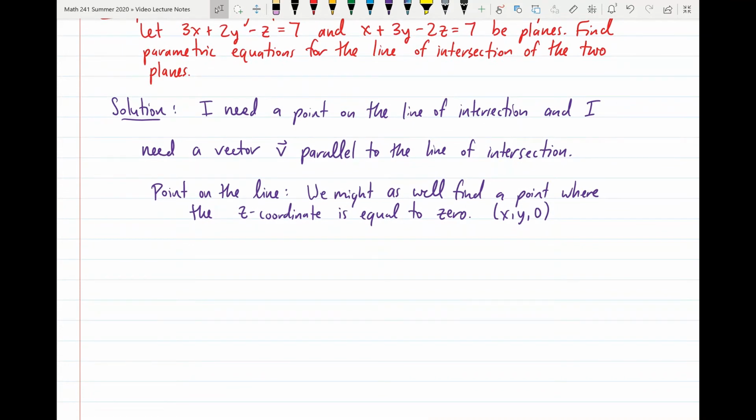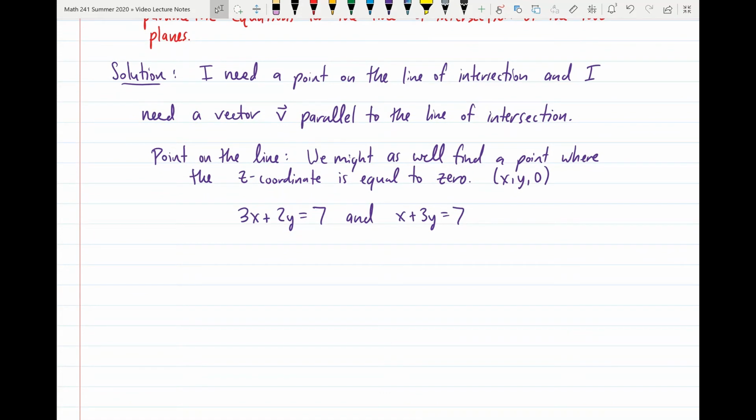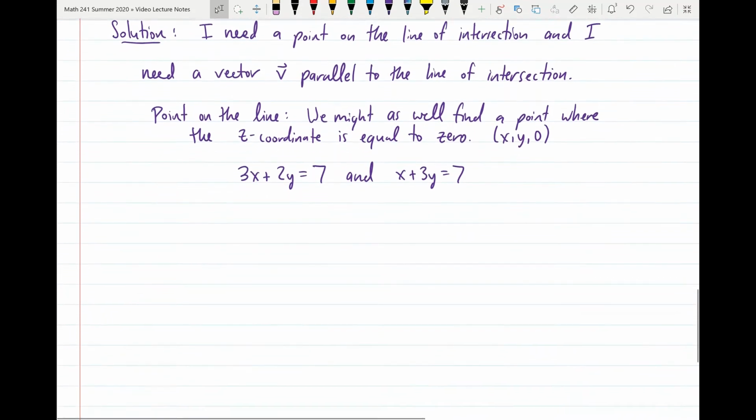So if we assume that z is equal to 0, then the equations for the two planes become 3x plus 2y is equal to 7, and x plus 3y is equal to 7. So now we have two equations and two unknowns, x and y, and we want to solve for x and y.